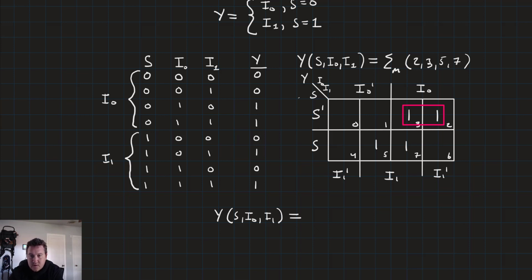So that'll be equal to S naught and I0. Then we'll have OR something. Then let's group 5 and 7, and that will give us S and I1, which is probably what we expected, right? When S is equal to 0, we get I0, and when S is equal to 1, we get I1.